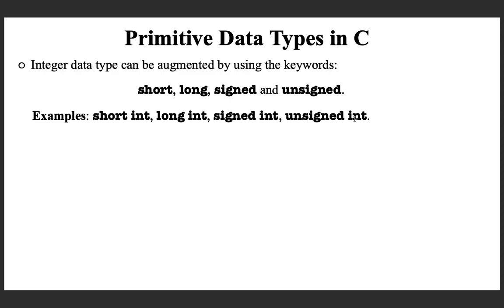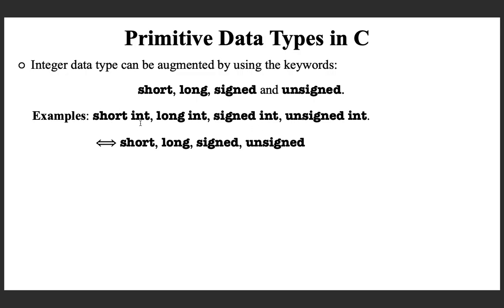So it can represent, for 2 bytes, the values from 0 to 65,535, which is the largest number possible, because 2 to the power 16 minus 1 is this number. You don't have to remember these numbers.